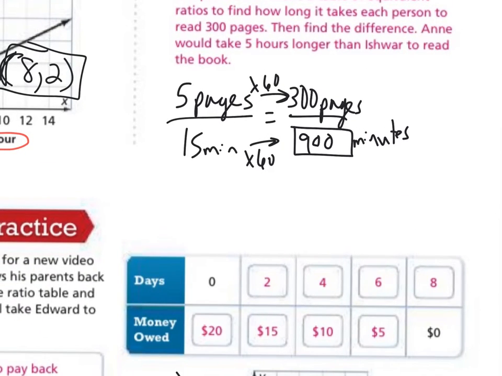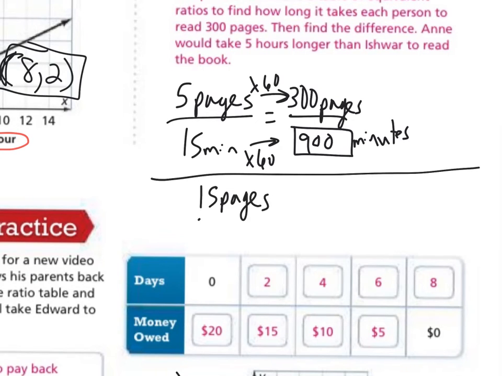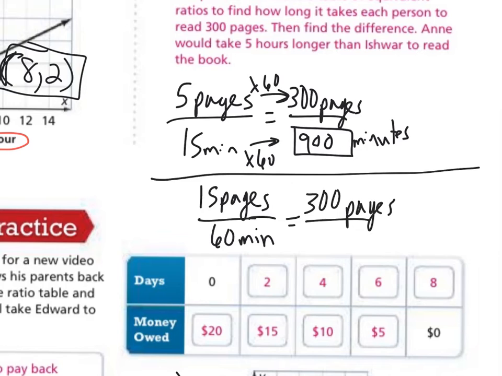Then what we have to watch is that we have different units here. So 15 pages for Anne, that was in 1 hour. Well, I'm going to go ahead and change that to 60 minutes because the other one was in minutes. And to get from 15 to 300, we would have to multiply by 20. So 60 times 20 would be 1,200 minutes.